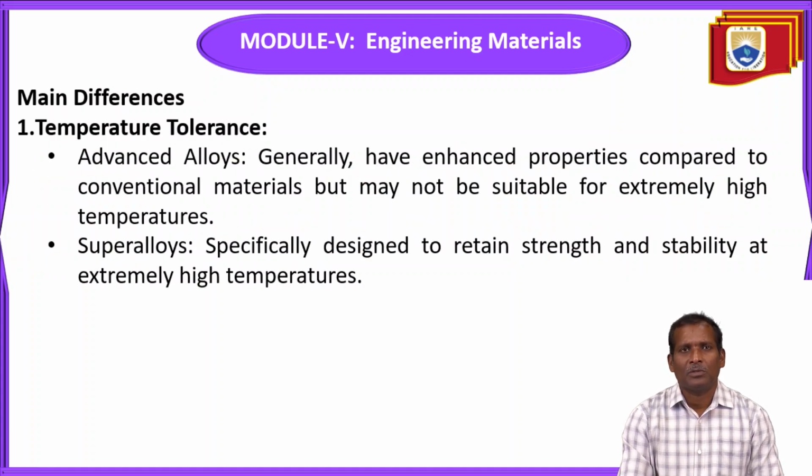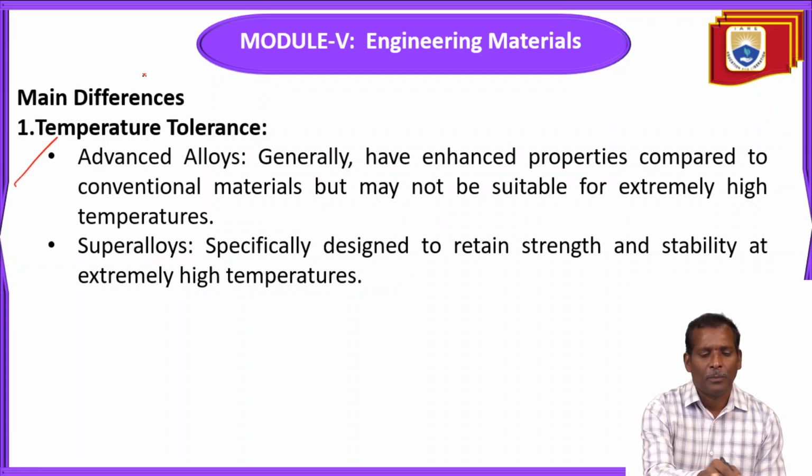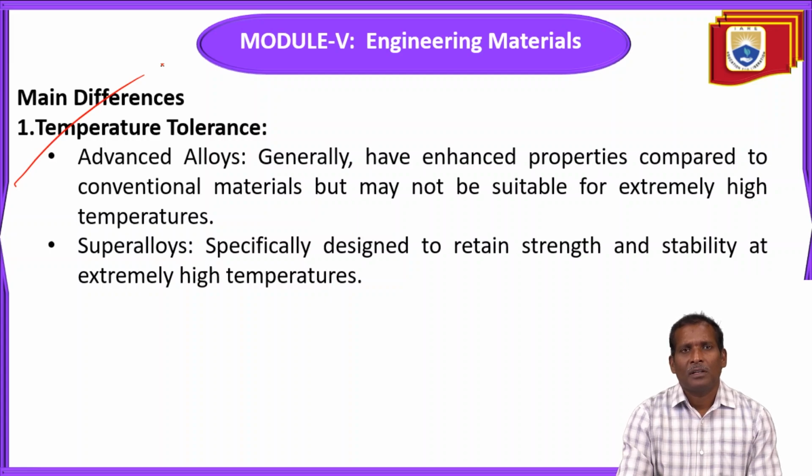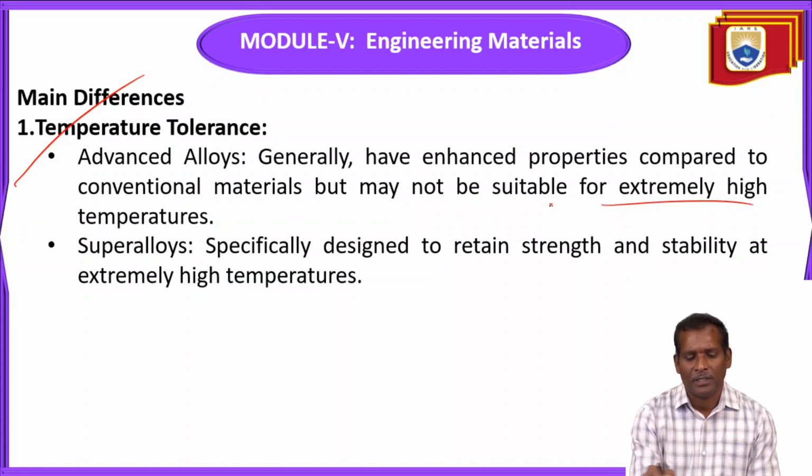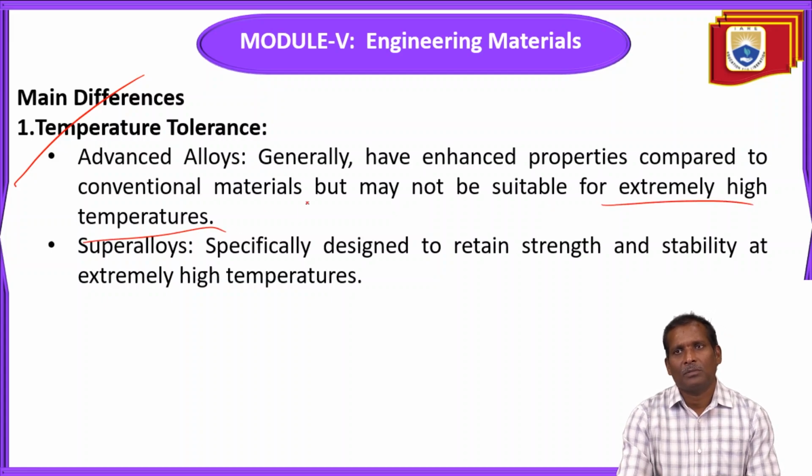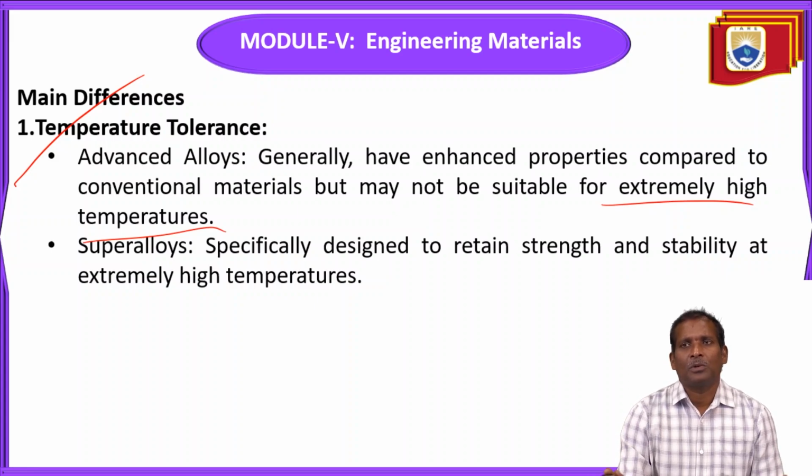So what are the main differences between these two, advanced alloys and superalloys? The key points: one is temperature tolerance. The advanced alloys generally have enhanced properties compared to conventional materials, but may not be suitable for extremely high temperatures.